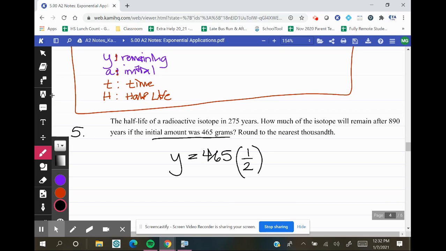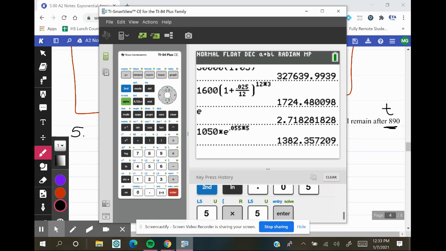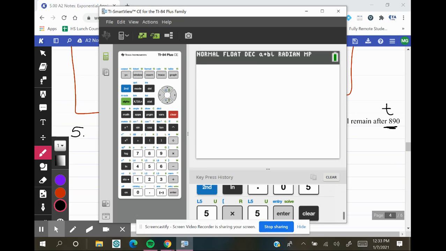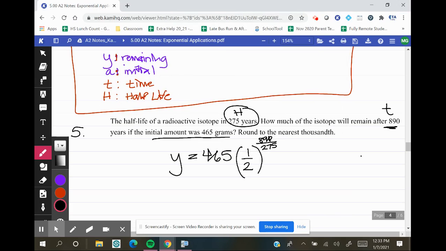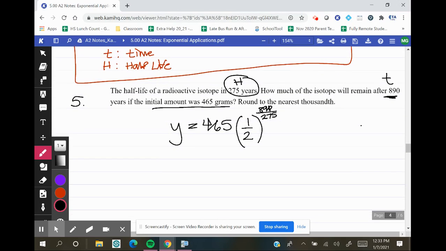So we're trying to see how much we have left after 890 years if the half-life is 275 years. So t is 890, over h, 275. And at this point, we can just type this right into your calculator. So pause the video and you try typing that in and see if you get the same thing as me.